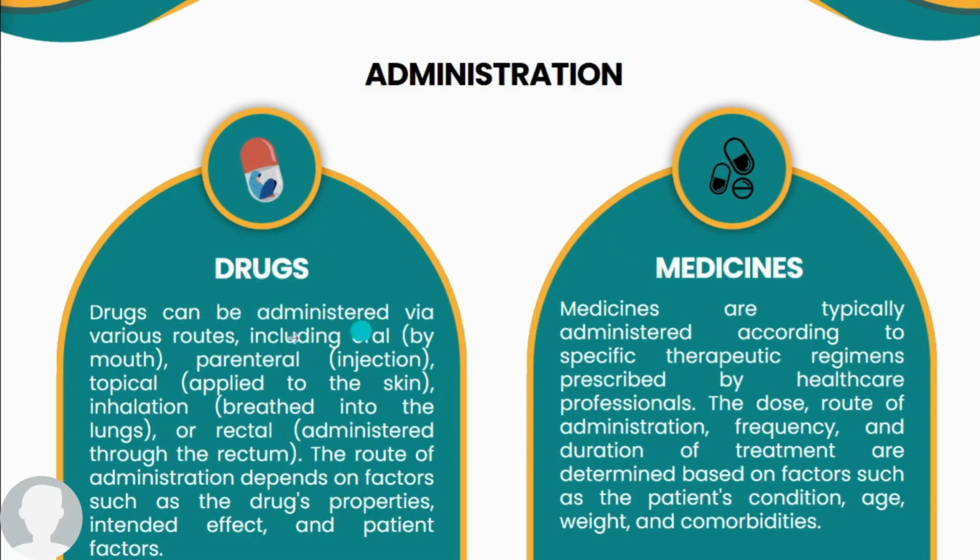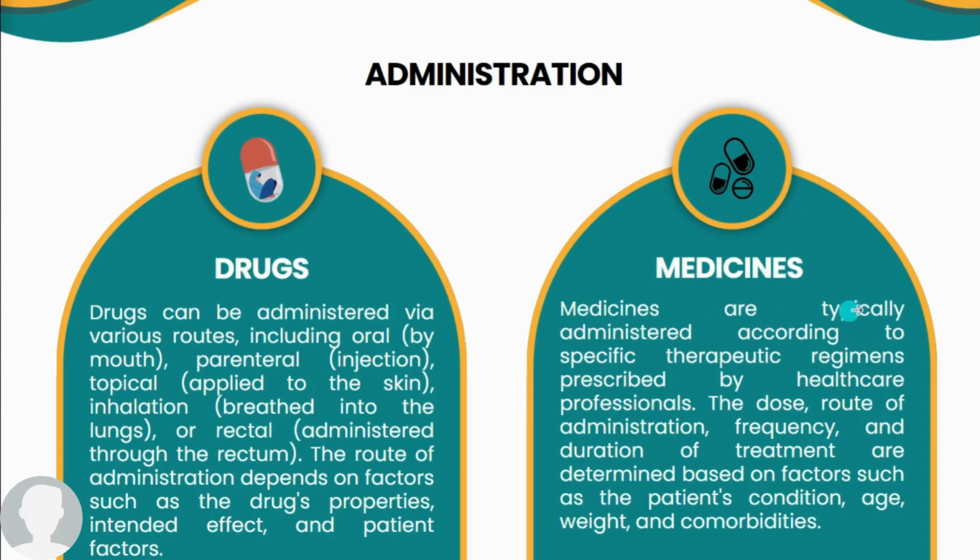Administration. A drug can be administered via various routes, including oral, by mouth; parenteral, injection; topical, applied to the skin; inhalational, breathed into the lungs; or rectal, administered through the rectum. The route of administration depends on factors such as the drug properties, intended effect, and patient factors.